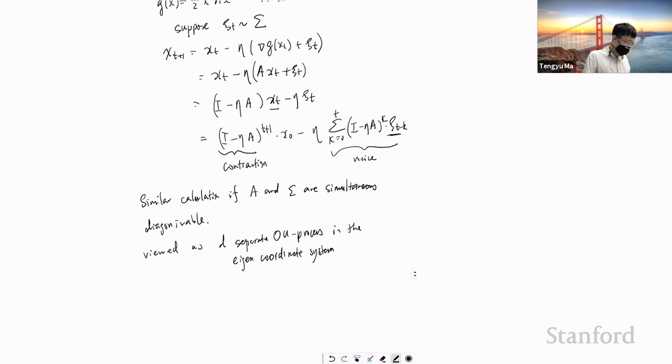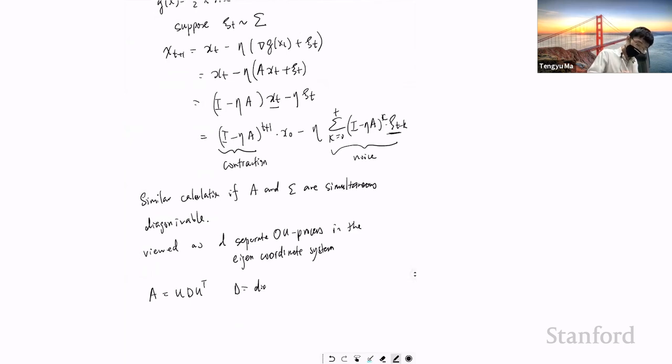More formally, suppose A is U D U transpose, where D is a diagonal matrix which has the eigenvalues of A, and suppose Σ is U diag(σ_i) U transpose.